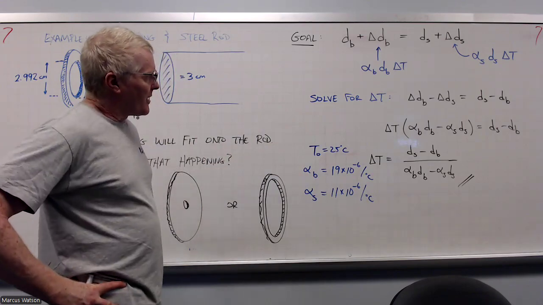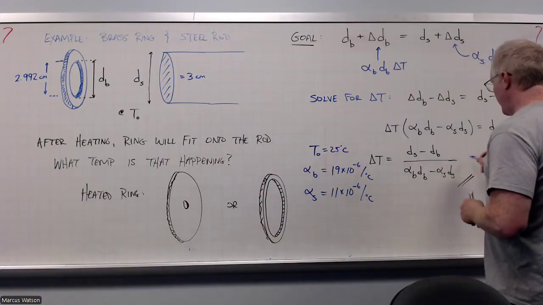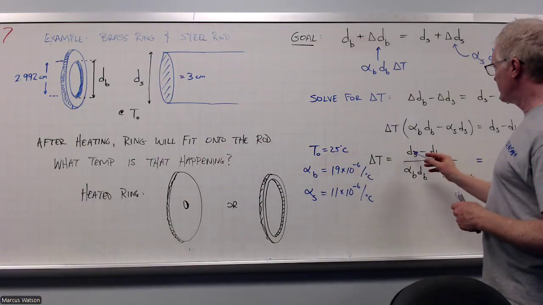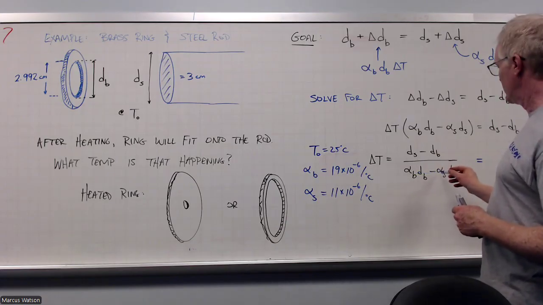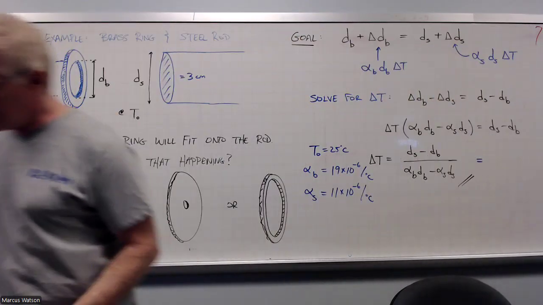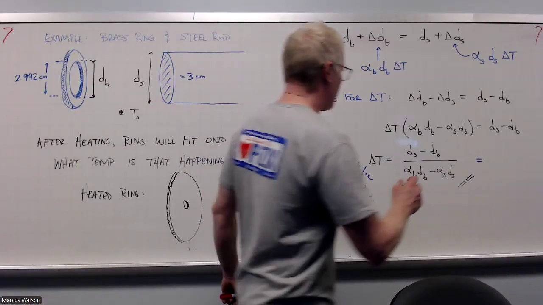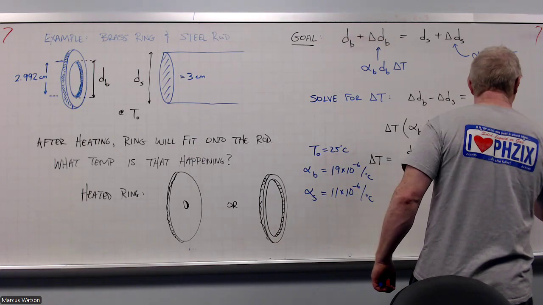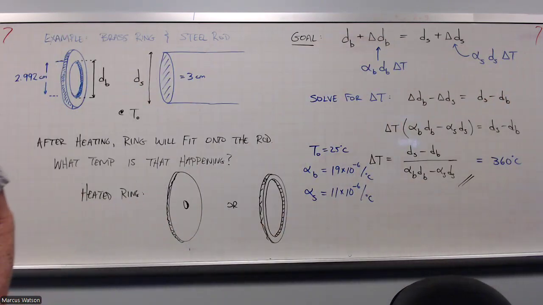All right, so when you plug all this stuff in, if I put in the centimeter difference up here and the alpha times the original diameters here, I find a temperature difference of, let's see here, I think 360 centigrade. Wait a second, is that the actual temperature or is that the temperature change?